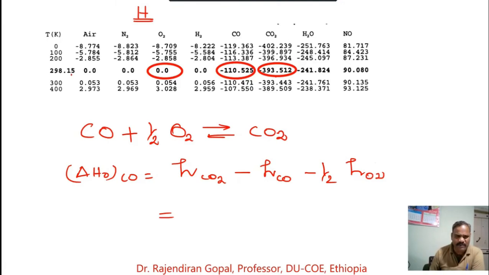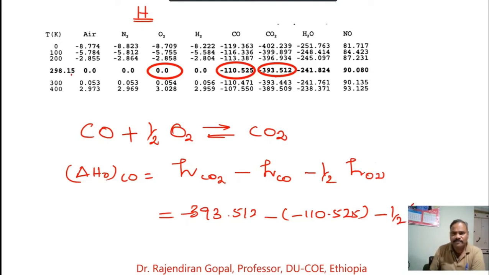At 298.15, that is 25 degrees centigrade, H of CO2 is minus 393.512, minus H of CO, minus 110.525, minus half into O2, which is 0.